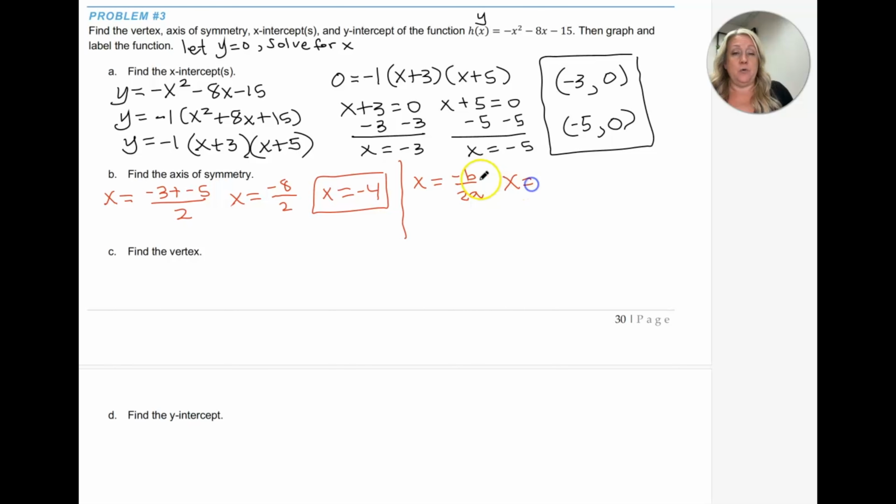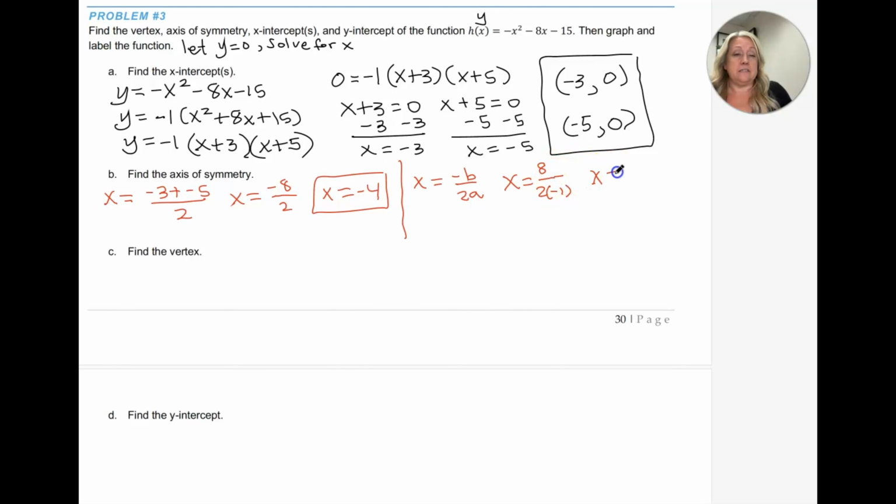So x equals, now remember I'm going back up here to my a, b, and c. So we can see the b value here is -8, but we want to do the opposite of -8, which is +8. And then 2 times -1 is the a value.